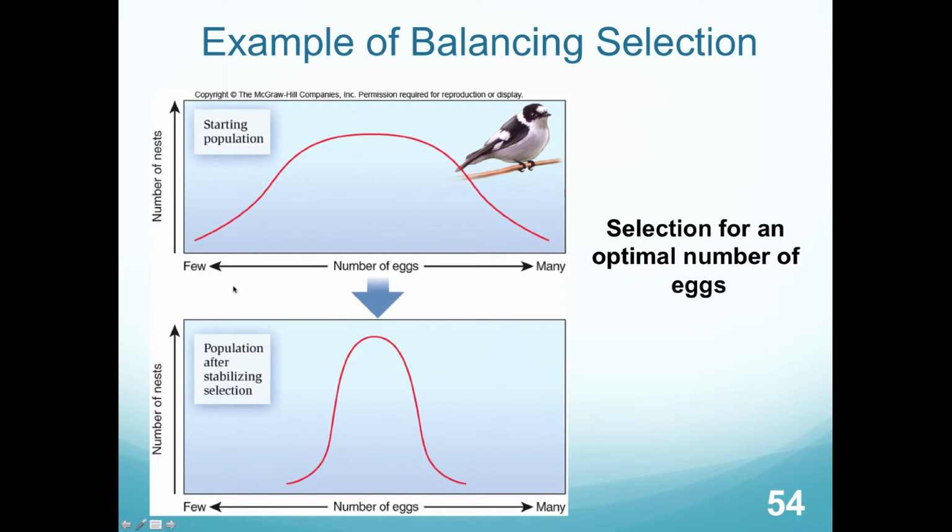So you can imagine birds laying eggs in nests, and if you lay too few eggs, then you don't have enough offspring and you're not very fit. If you lay too many eggs, you're not going to be able to take care of them all, and you're also not going to be very fit. So there's some intermediate value for the number of eggs that will depend on each species, but it will typically narrow to some optimal number of eggs that is laid in the nest.